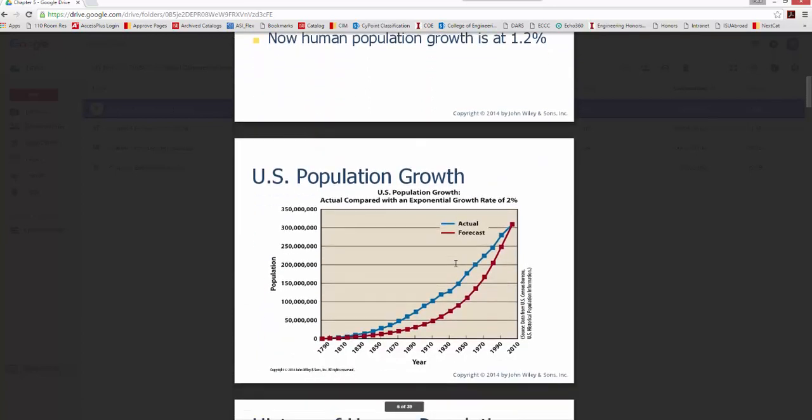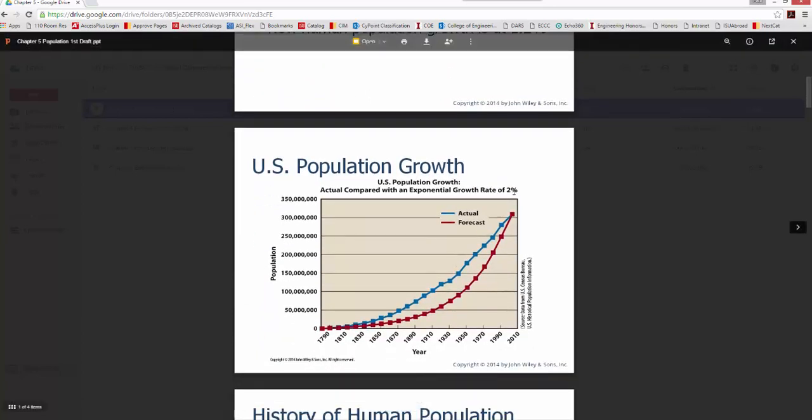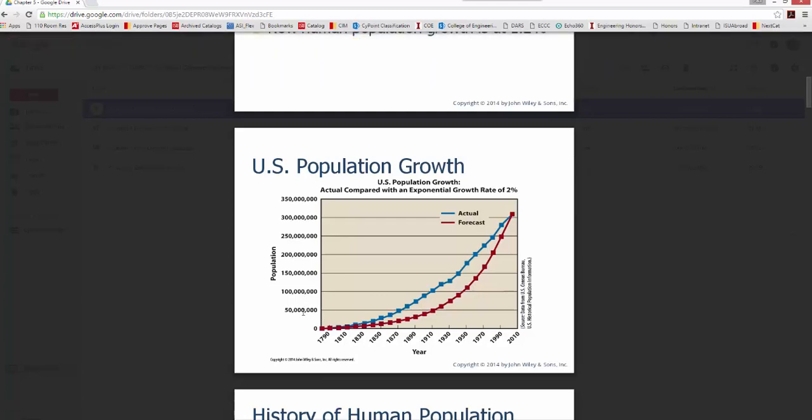So if we look at this, and we use the example of 2%, well, I should back up here and talk a little bit about what this graph is. It's about population growth. You notice here on the x-axis are the years, and the population in terms of millions. So we've got 50 million, 100 million, 150, 200 million, 253, up to 350 million.